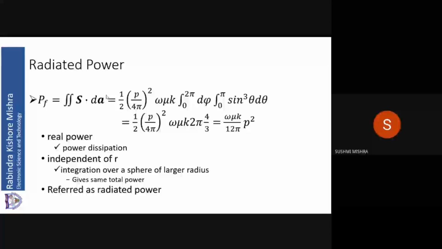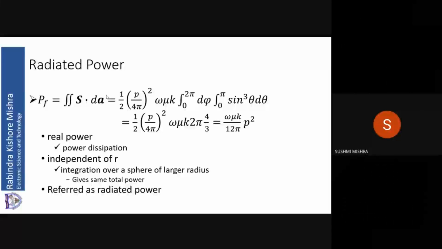Now, this is usually referred to as the radiated power. This power is referred to at a very large distance. Now, what happens if we are not at a large distance? If we are in the near field. So, for that, let us find out the expressions for near field.